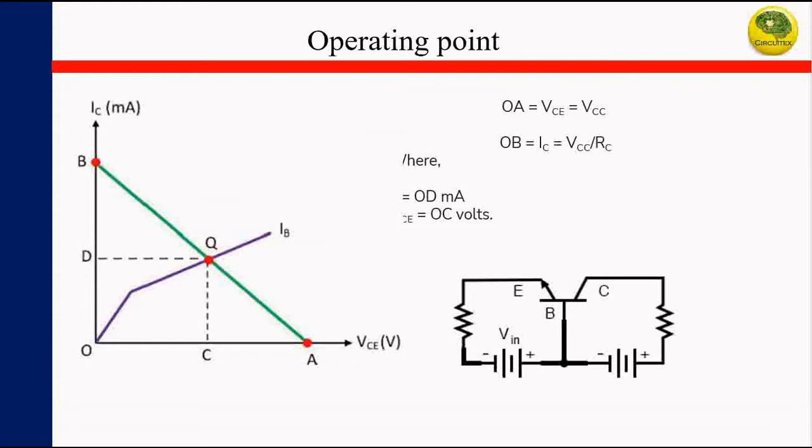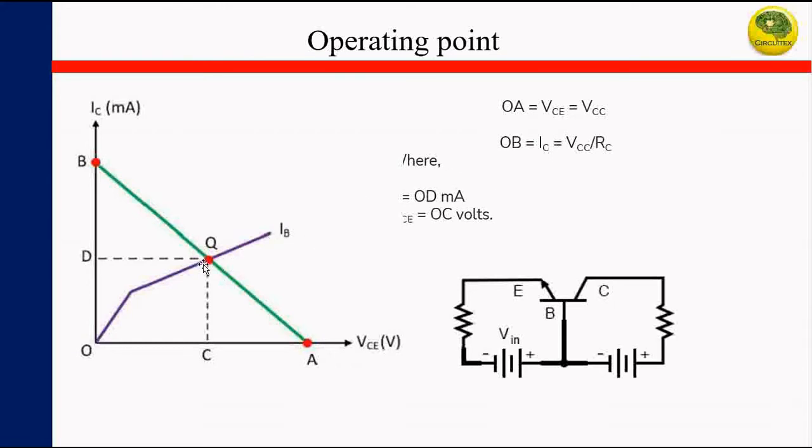By this method, the operating point for a particular base circuit current IB, the purple line, is obtained according to the load line condition. The line OA is equal to VCE, which is also equal to VCC. VCE is the collector emitter voltage, the voltage across the collector and the emitter, which is equal to VCC, that is the collector voltage.